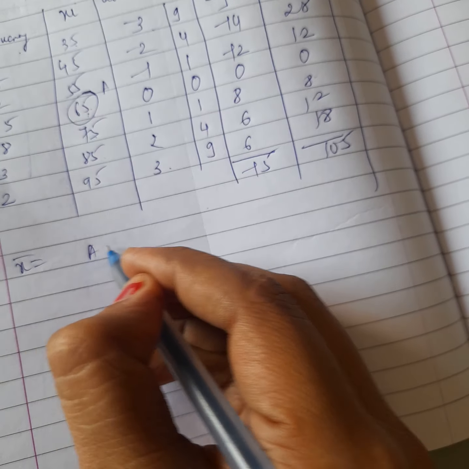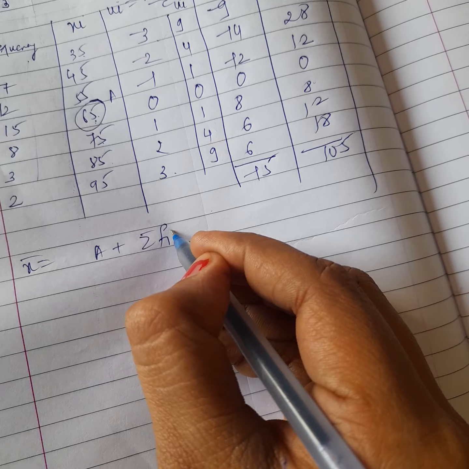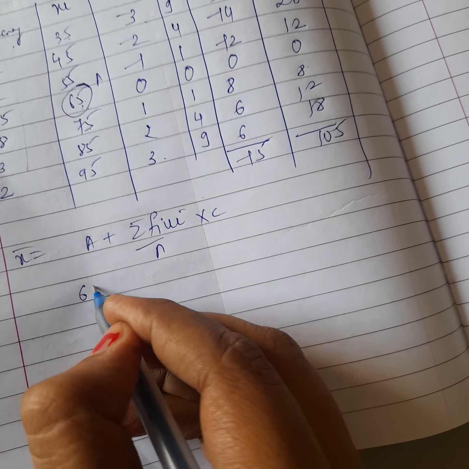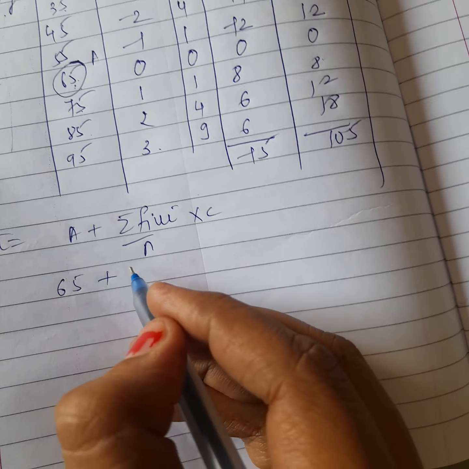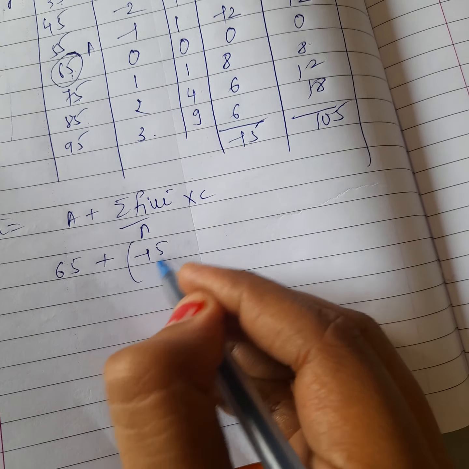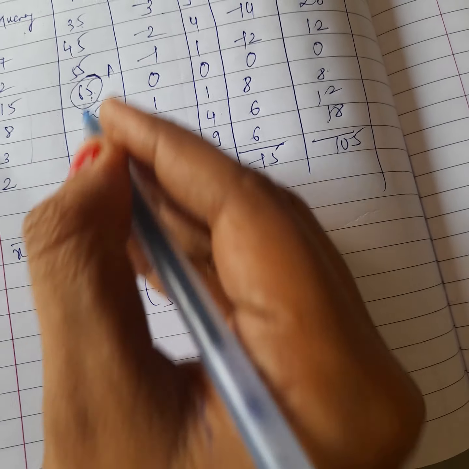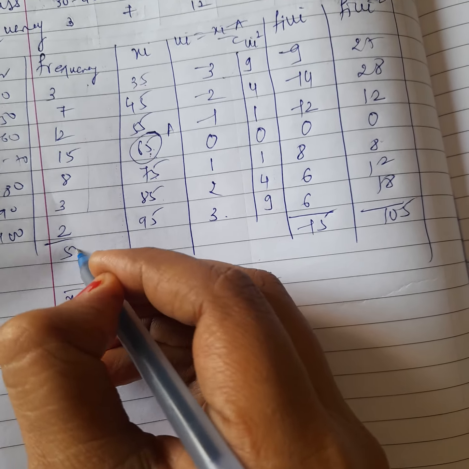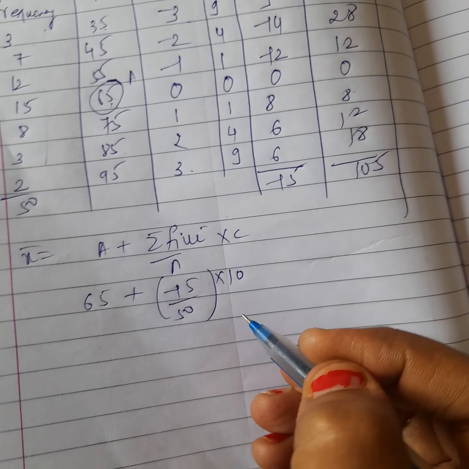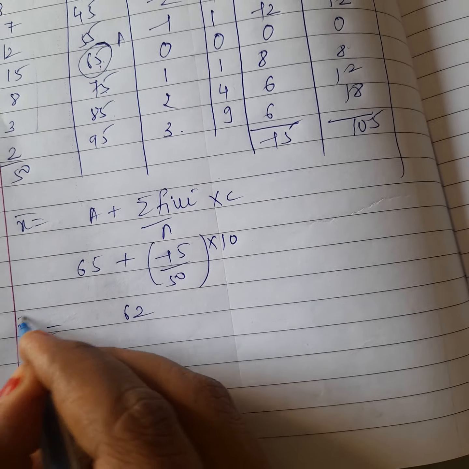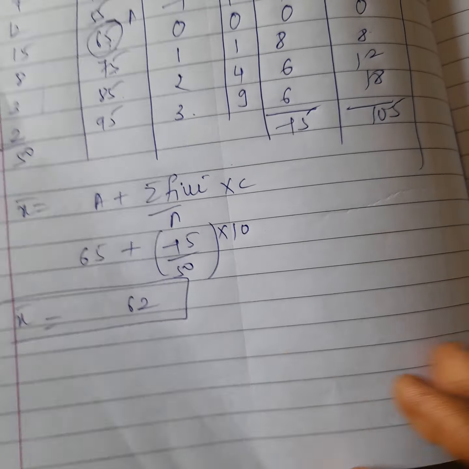X bar is a plus summation of fiui divided by n, into c. A we have chosen as 65 plus fiui, which is minus 15, upon total of frequency, which is 50, into class difference of 10. Solving this we get the answer as 62. So x bar is 62.